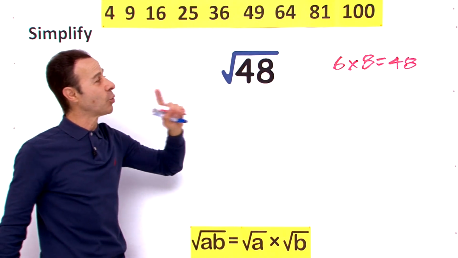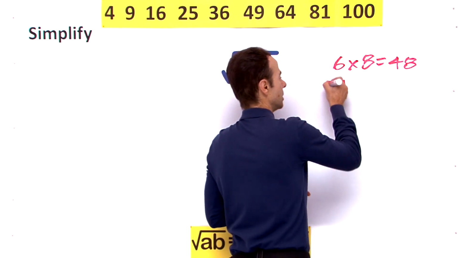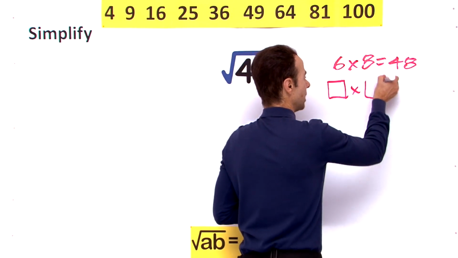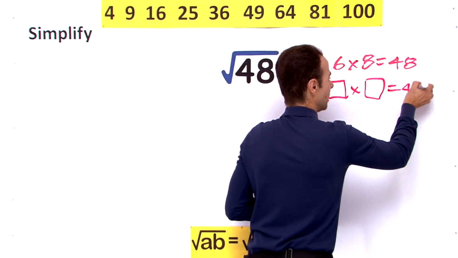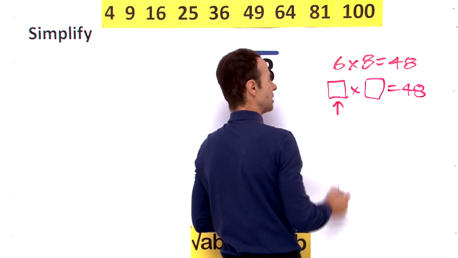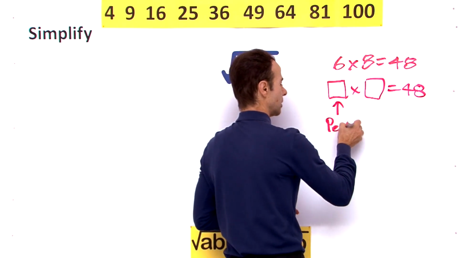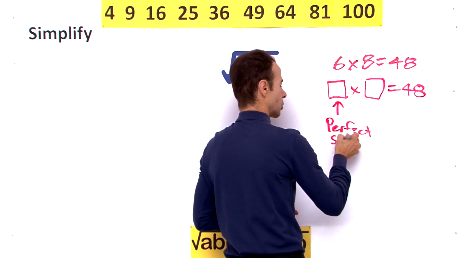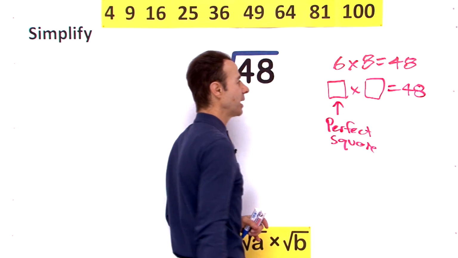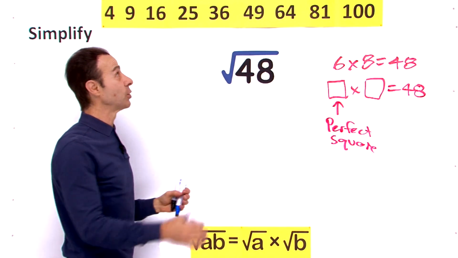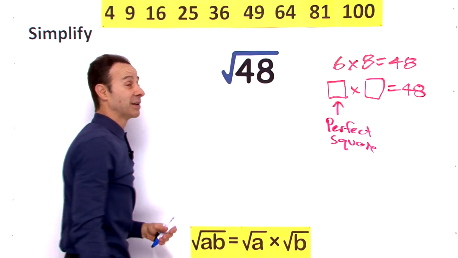So we need to pick one number times another number, and it must give us 48. And just one of them needs to be a perfect square. Okay, well, let's have a look at which of these numbers divide perfectly into 48.